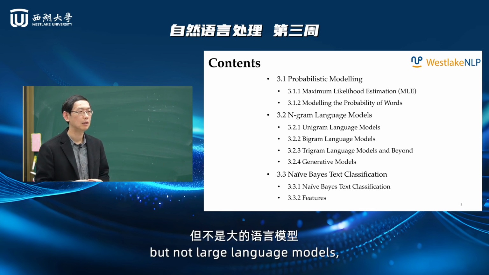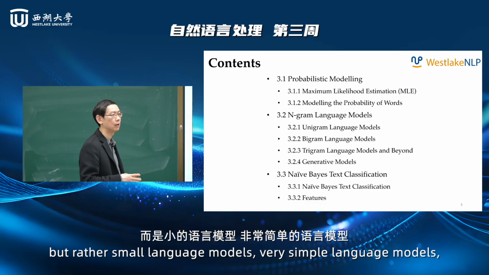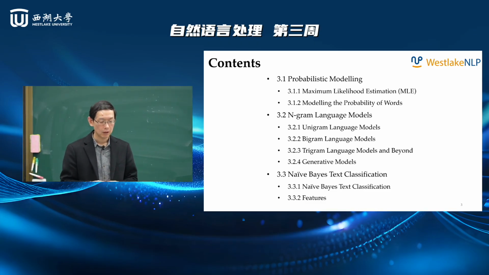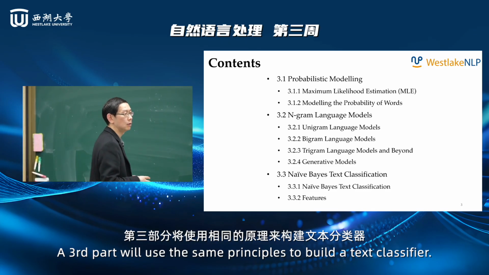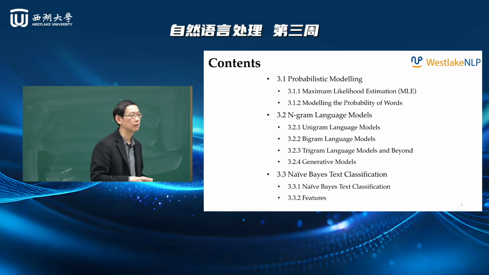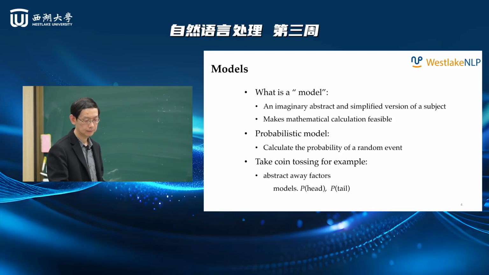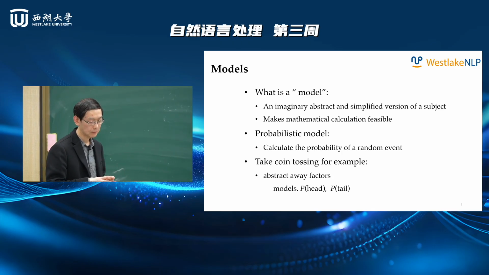Okay? But not large language models, but rather small language models. Very simple language models. But you get a flavor of what they are. Third part, we will use the same principles to build a text classifier. Okay? You could also play with text classification. All right, so let's begin.